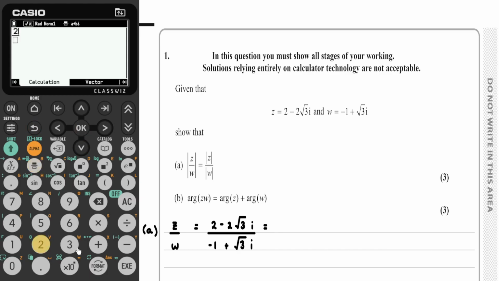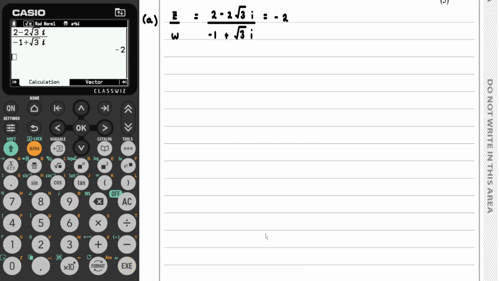We have 2 subtract 2 root 3i over negative 1 plus root 3i. It turns out we get negative 2. Hence, the mod of z over w will equal the absolute value of negative 2, which is just 2.